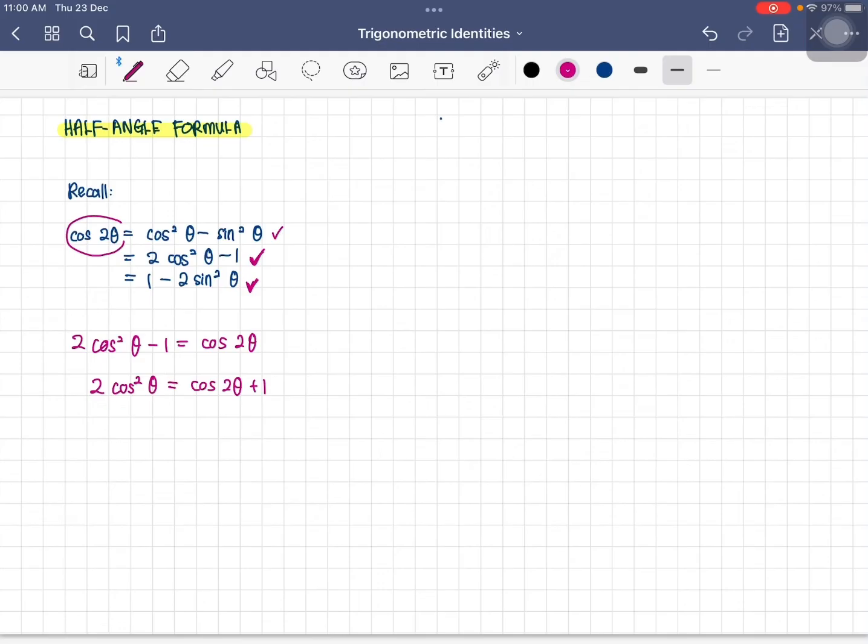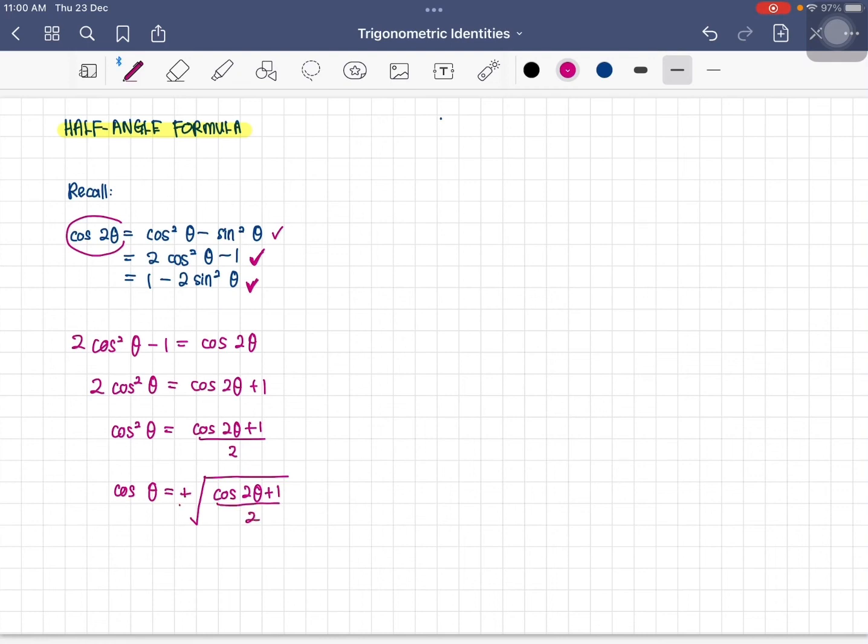And then I have cos squared of theta, which is given by cos of 2 theta plus 1, the whole thing divided by 2. So if I want to have cos of theta, I have to take the square root on the right side. Therefore I have cos of 2 theta plus 1 divided by 2.